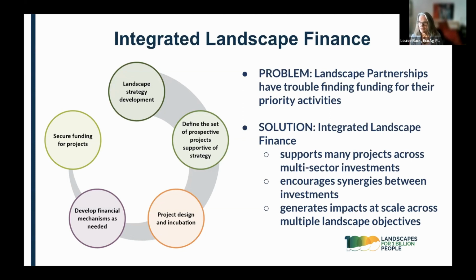And we've identified a set of activities moving from our landscape strategy through the process of finding funding from a variety of different sources, public, private, and civic sector, that encourages synergies between investments and ideally generates impact at scale. Next, please.